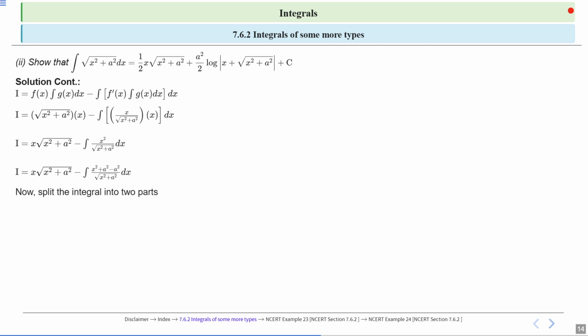So we just add a square and subtract a square in the numerator of the second term and split the integral into two parts. We get x into root under x square plus a square minus the integration of x square plus a square by root under x square plus a square dx minus the integration of a square by root under x square plus a square dx.